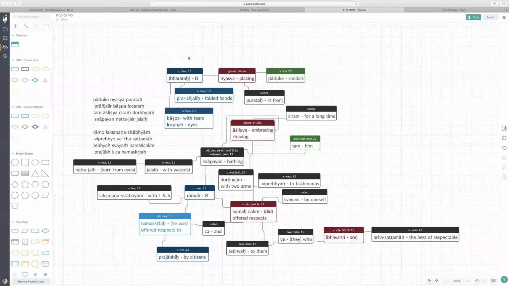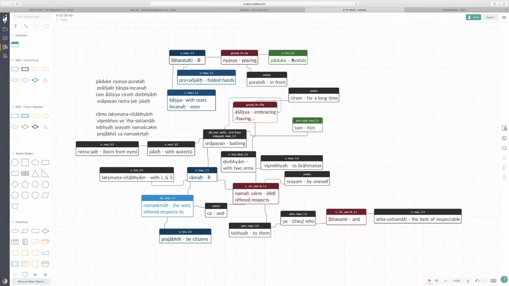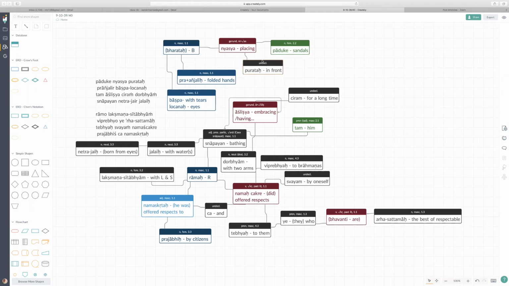Now the first part, Bharata placing sandals in front of him. Something is incomplete here. And I think that this has to go. Yeah. Purata should have 'of him'. In front of him.